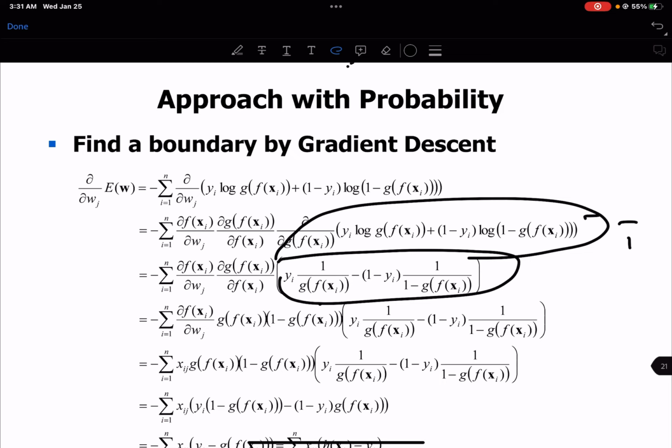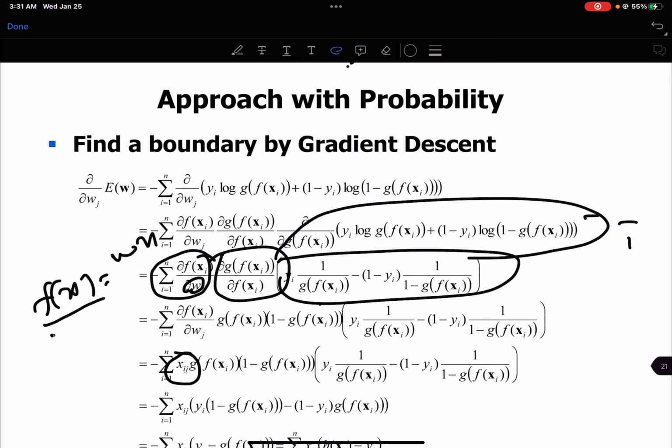Next comes this part. First I will address this part, and then finally we will address this part. So this part, f of x partial with respect to w, we know it is equal to x of ij. f of x, we already know it is a function of w and x.